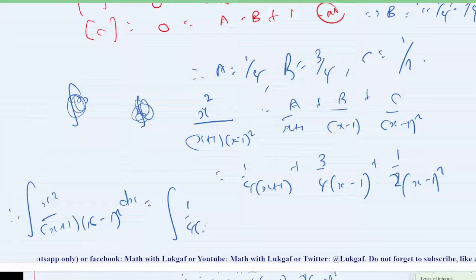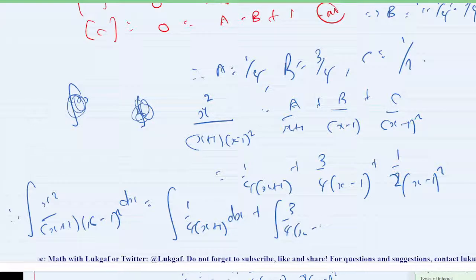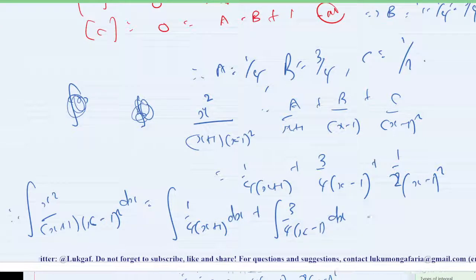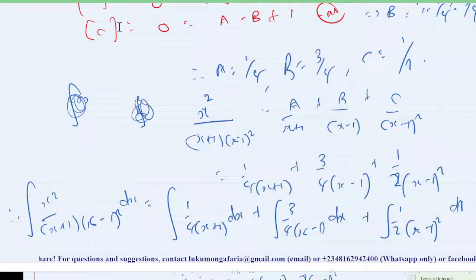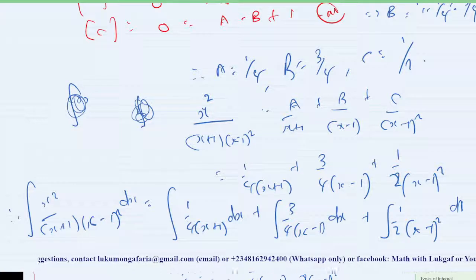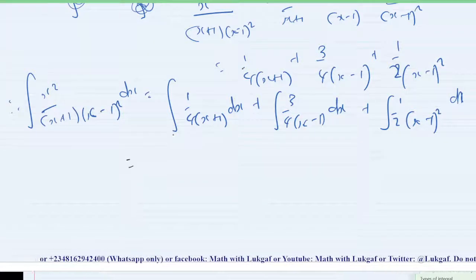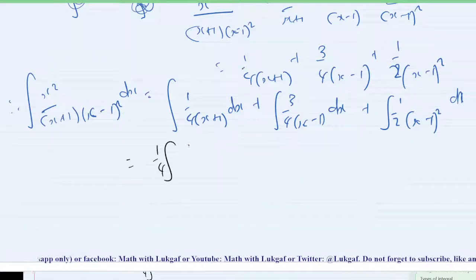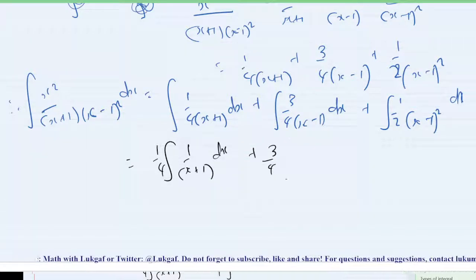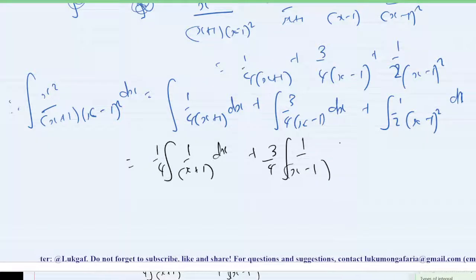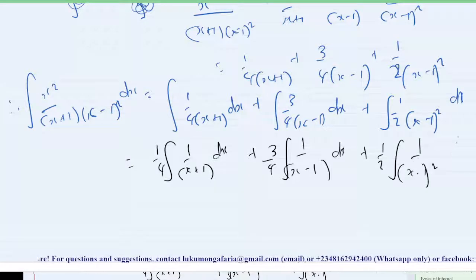This is going to be integral 1 over 4 (x plus 1) dx plus integral 3 over 4 (x minus 1) dx plus integral half (x minus 1) squared dx. So if you factor the constants out, I'm going to have 1 over 4 integral 1 over x plus 1 dx plus 3 over 4 integral 1 over x minus 1 dx plus half integral 1 over (x minus 1) squared dx.